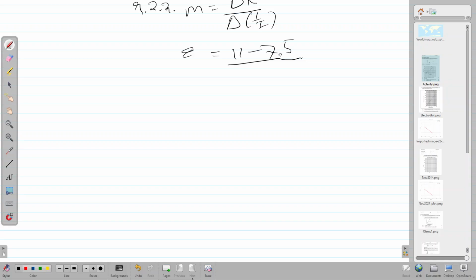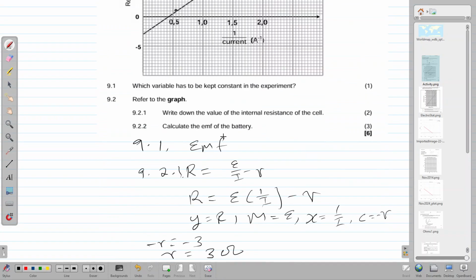That gives us 3.5 divided by 0.5, which gives us 7 volts. So that is our EMF.